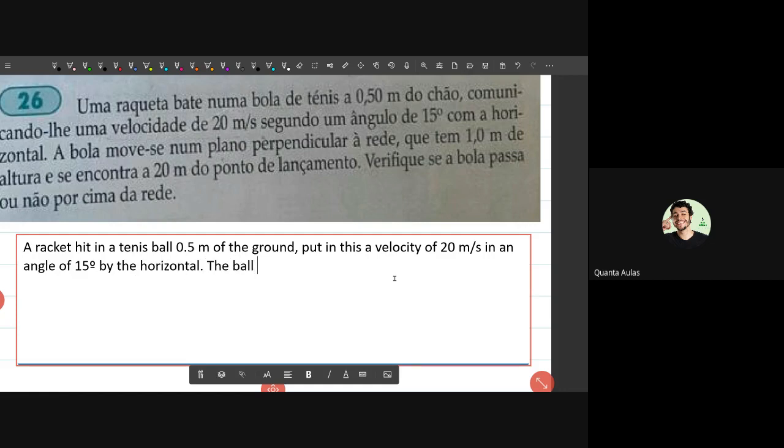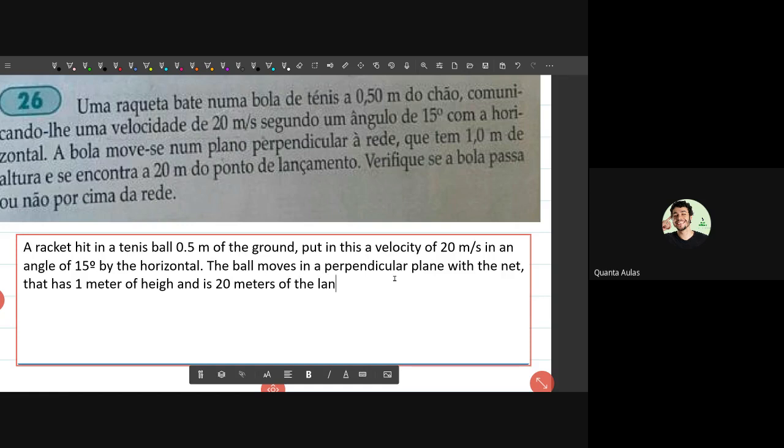The ball moves in a plane perpendicular to the net. The net has 1 meter of height and is 20 meters from the launch point.